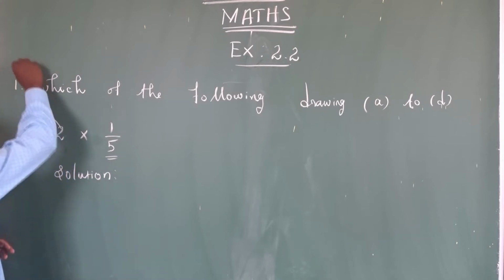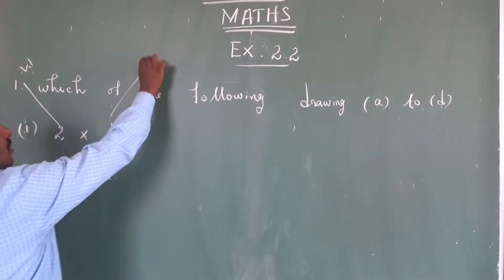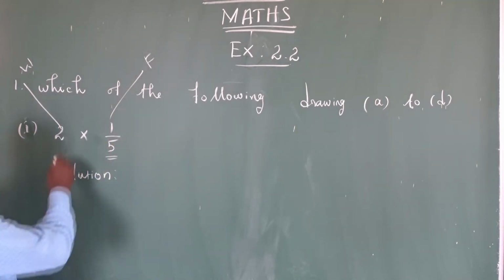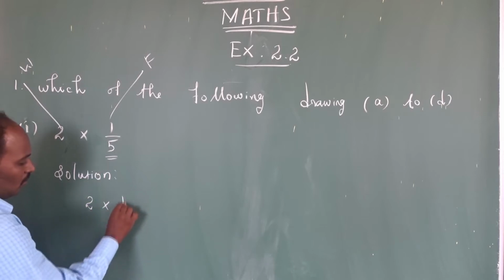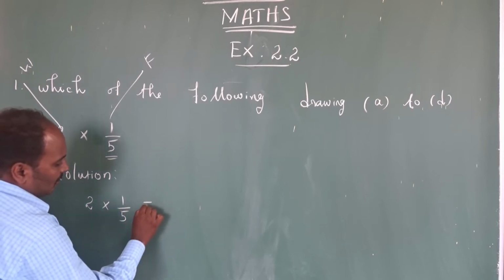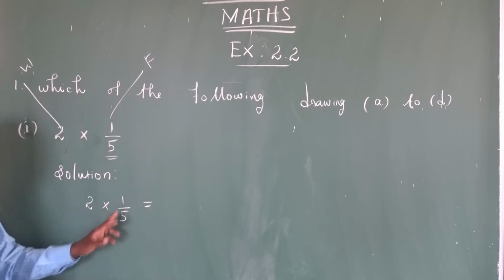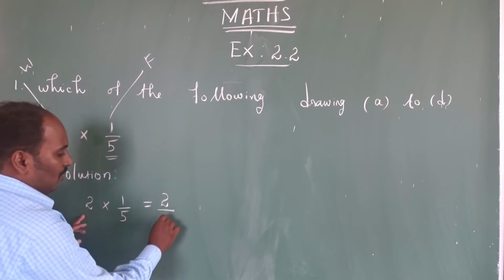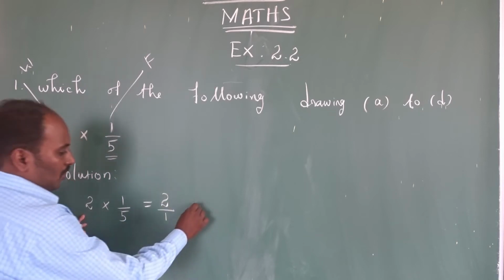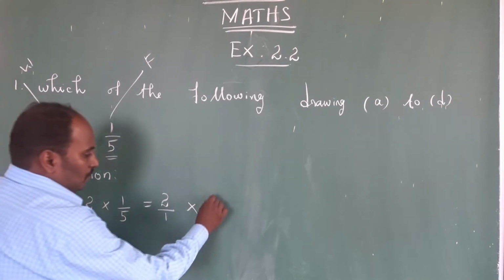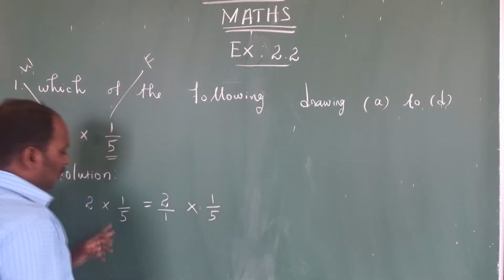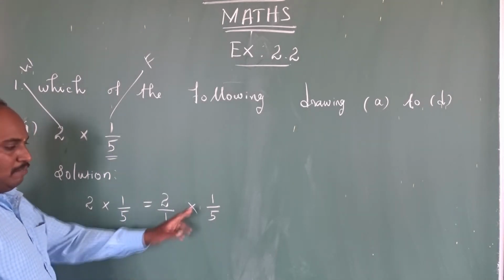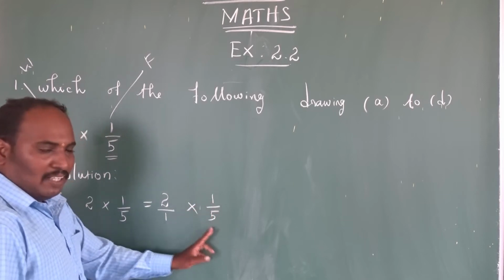We multiply a whole number into a fraction. 2 is a whole number, so we convert it to the fraction 2 divided by 1, into the next fraction, 1 by 5.